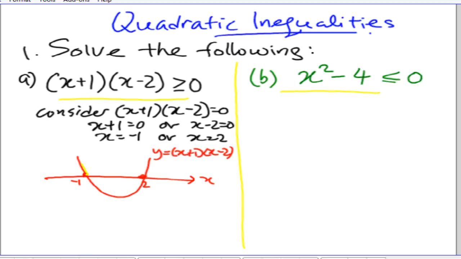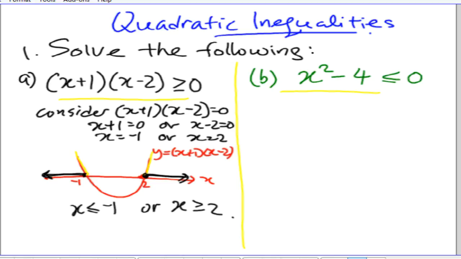That is this part and this part, the part in yellow. So the answer here will be x is less than or equal to negative 1, or x is larger than or equal to 2. Here is the answer.